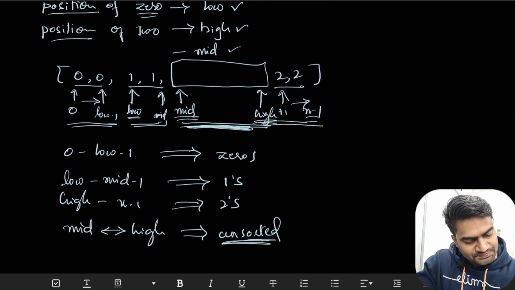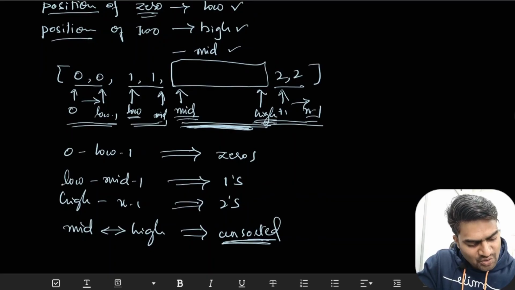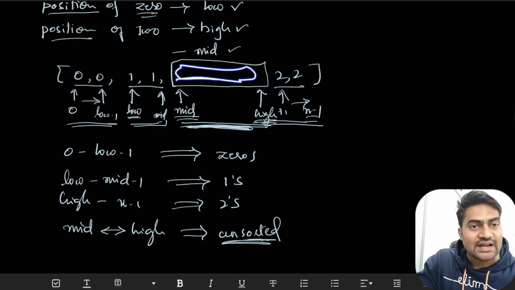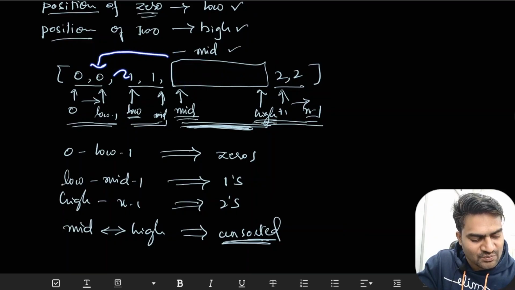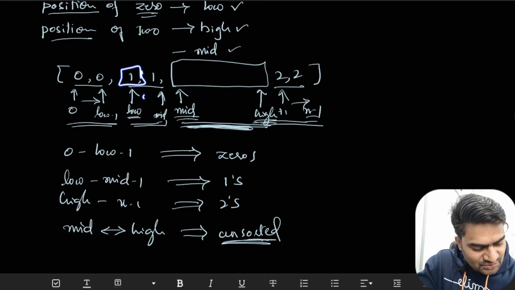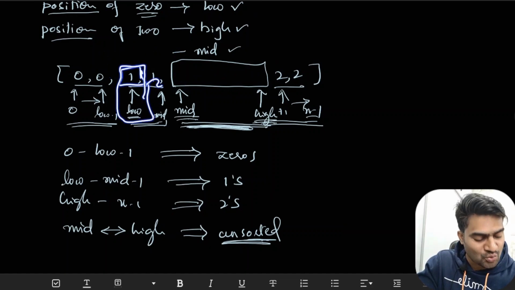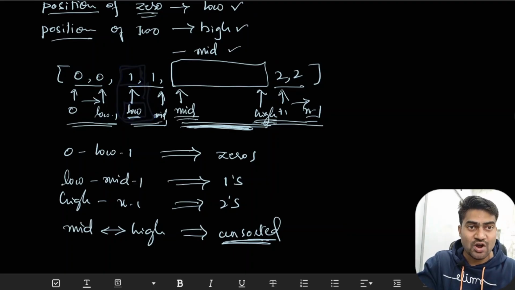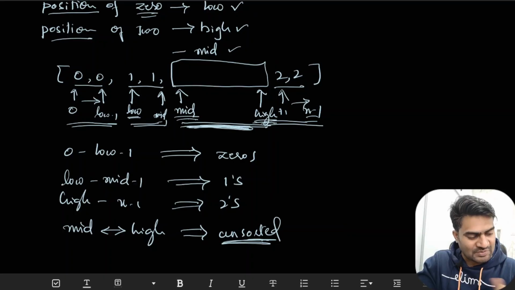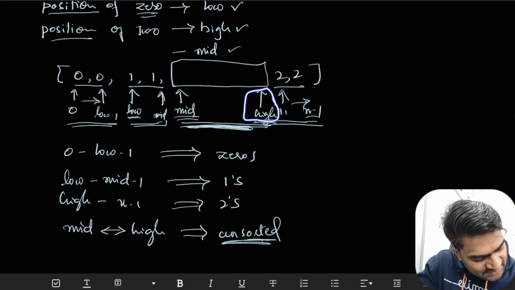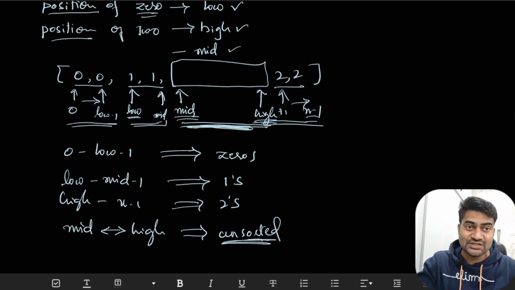Now if you see, at any point, say for example, this is the part I am trying to sort, if I get a 0 here, then I should know where to put that 0, somewhere here. So that is this place, correct, right? This place is being pointed to by the low pointer. So low points to the index where our 0 needs to be placed, and our high pointer points to the place where our 2 needs to be placed.